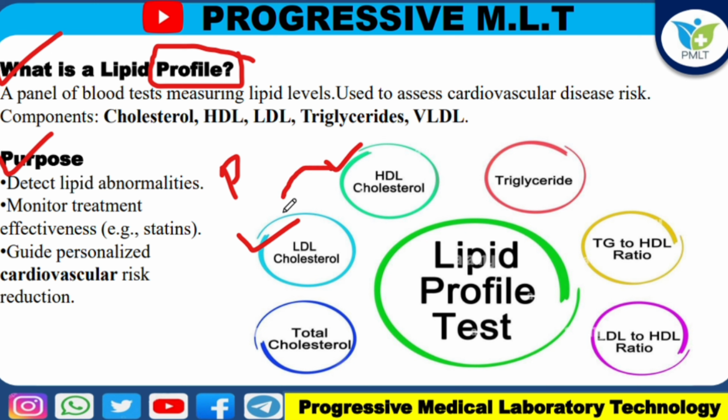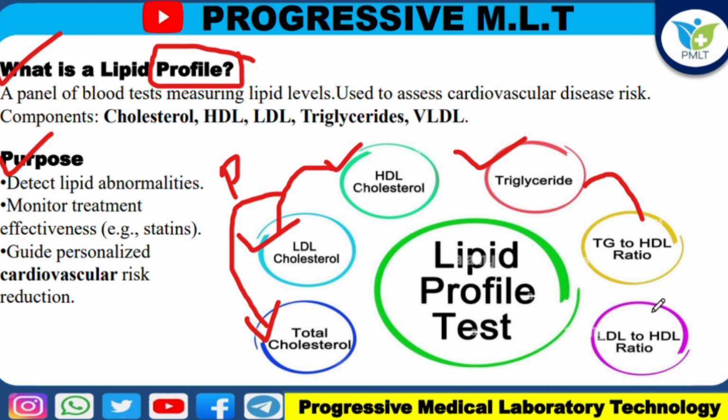When we accumulate this HDL and LDL, we get total cholesterol. After that we get triglyceride and the Tg to HDL ratio, which means the triglyceride to HDL ratio. After that the LDL to HDL ratio, that is the low density lipoprotein to high density lipoprotein ratio. That's all about the parameters present in the lipid profile test.